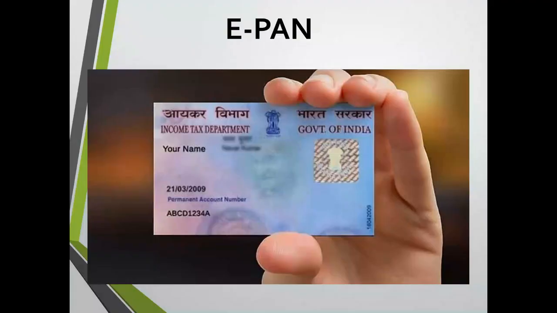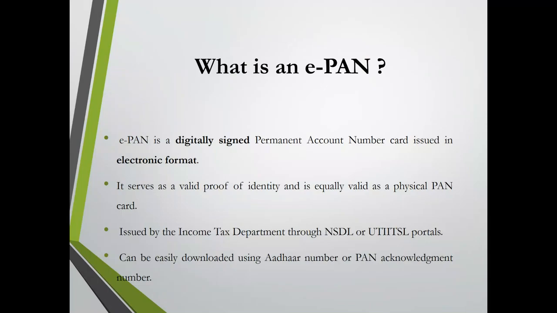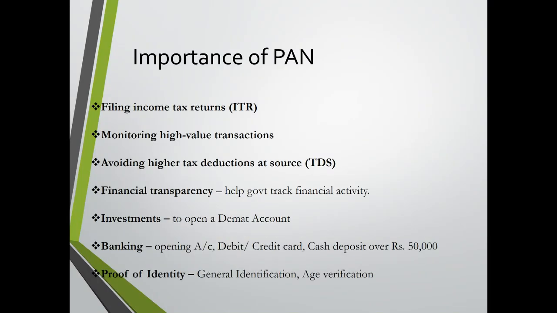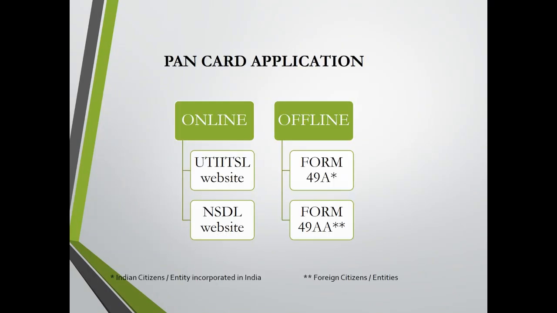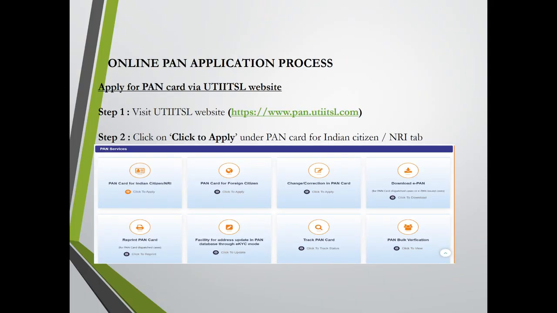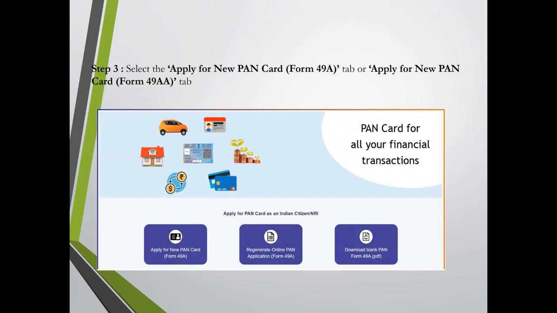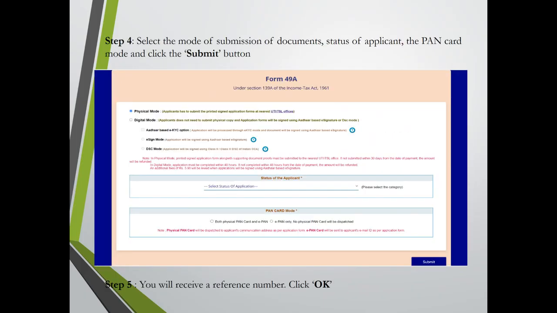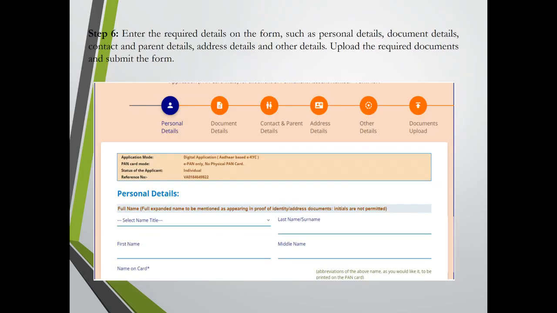So we started the session. I will share the PPT from the first. The first day we started from EPAN. So what is an EPAN? Importance of PAN. PAN card application online as well as offline. The online PAN application procedure we went on to discuss in this web portal. Then how to apply for PAN, 49A, 49AA, etc. How the columns would be for PAN.